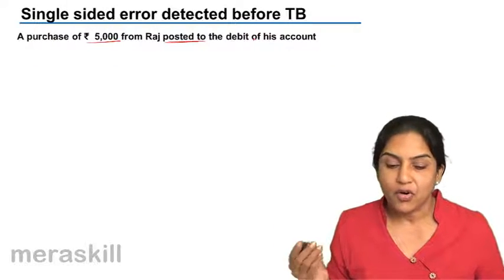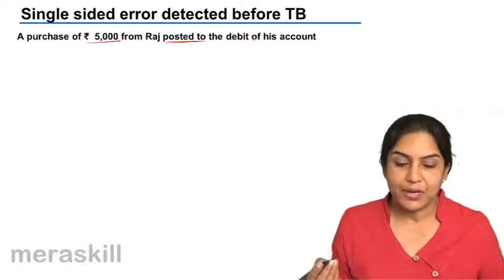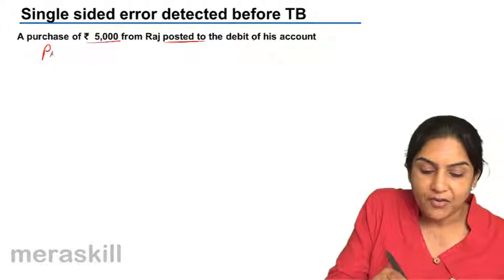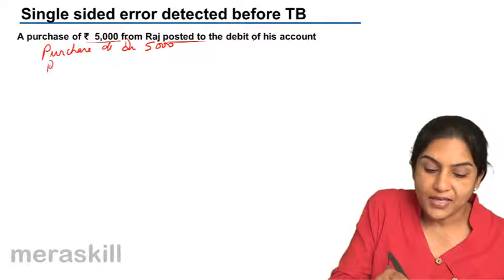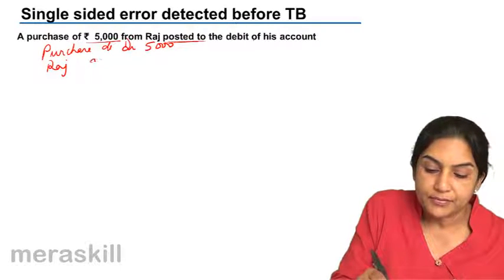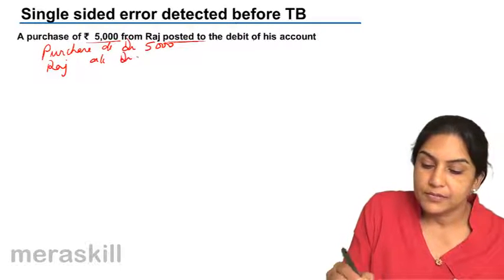So what is the wrong entry that we have ultimately passed? What is it we have done? We have gone and said, or the accountant has said, purchase account debit 5,000 and then said Raj account also debit. Raj account debit 5,000.